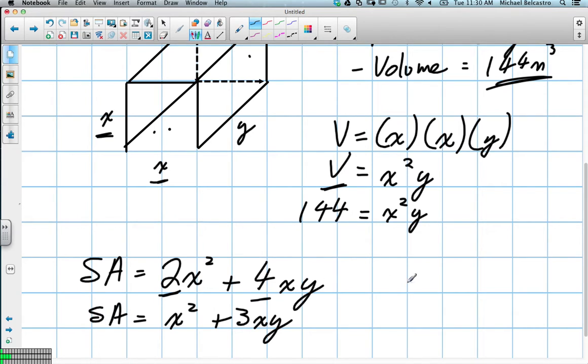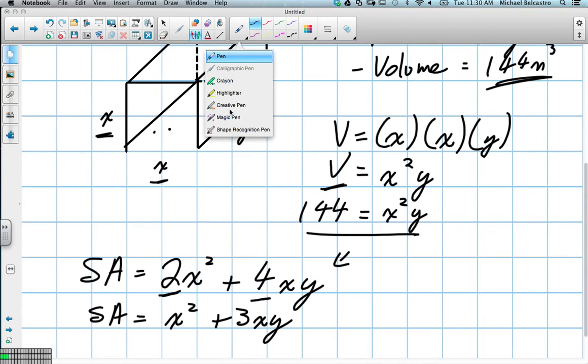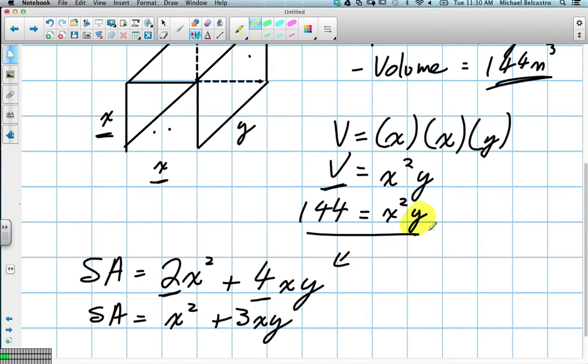Okay? So what we're going to be doing in this question then is we want to be minimizing surface area. So we're going to set the volume equation equal to y. It'll be the simplest one to set it equal to, plus we'll only have to substitute for one value of y.